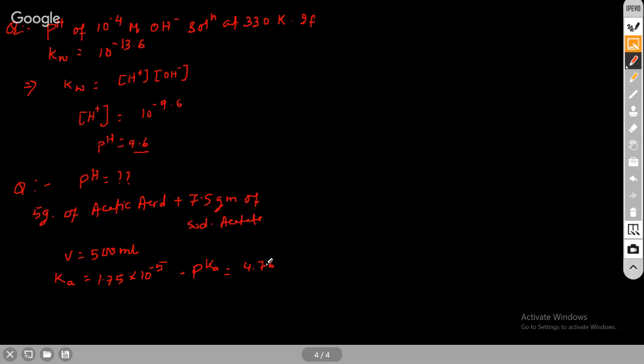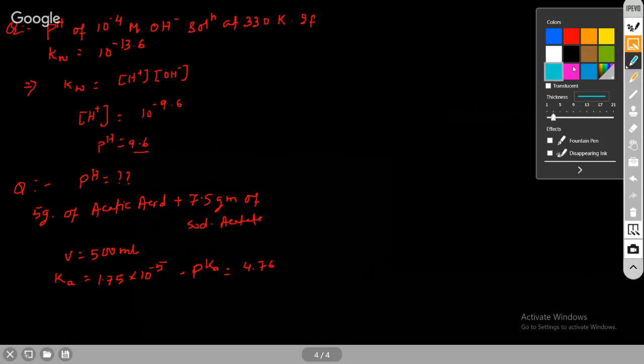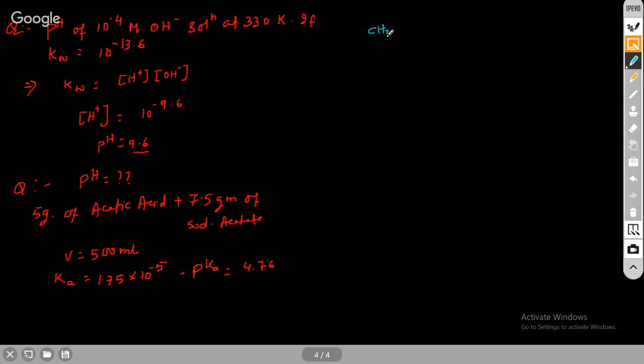4.80. 4.80 is exactly correct. See, the concentration of CH3COOH, the acid, 5 divided by molar mass of this, which is 60, into 1000 by 500.